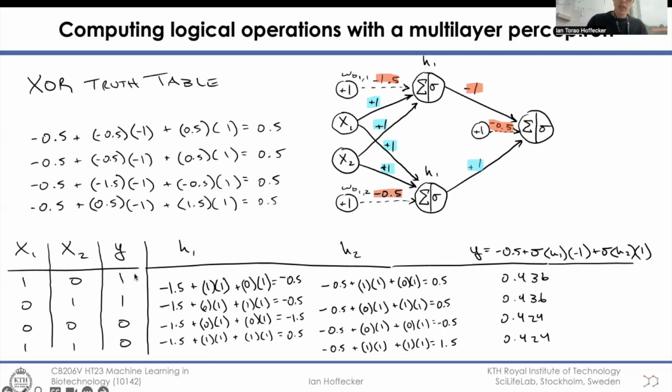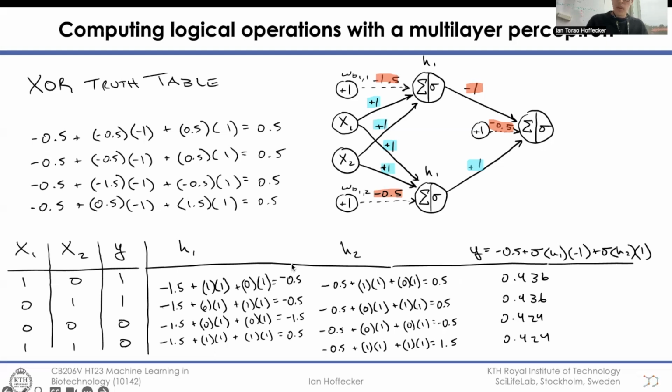If we've done everything correctly, if this is truly an XOR operation, then we should get 1 for the output. And if we feed these things in, we get for h1 a value of minus 0.5. And we do the same thing for h2. We sum these three terms, and we get a value of 0.5.